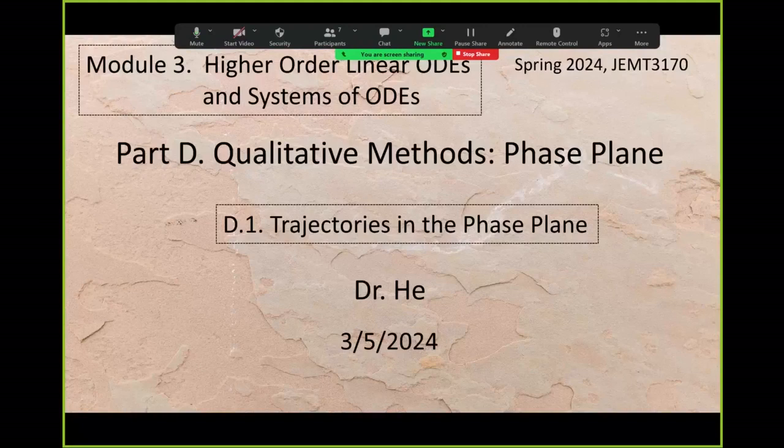So there is an option: people can do some qualitative analysis. We try to analyze some properties, to collect some information that can help you get a better understanding of the ODEs.